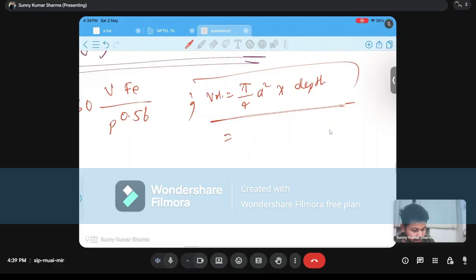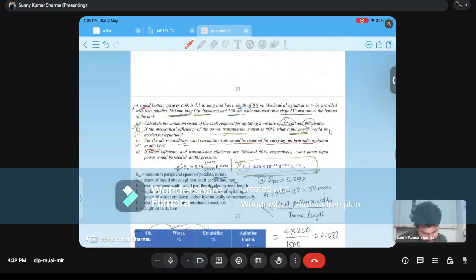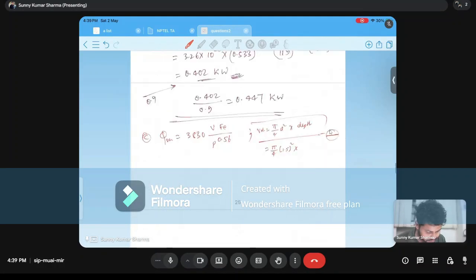And the diameter you can take as the length of the shaft, because the length of the shaft is there in that round tank. So pi by 4 into 1.5 meter squared into depth, and the depth is given as 0.9 meter.